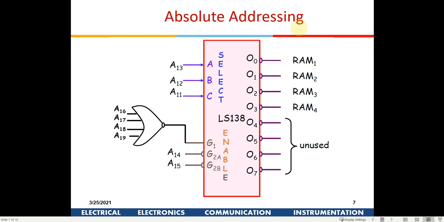Okay. So the advantage of absolute addressing is whenever we want to expand the RAM, it is easy, because once you have hardwired it into the PCB, if you leave a slot open, you can always put one more chip in that slot, and if you want to expand your RAM capacity, it is possible.